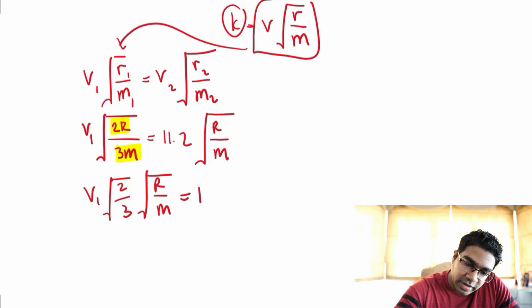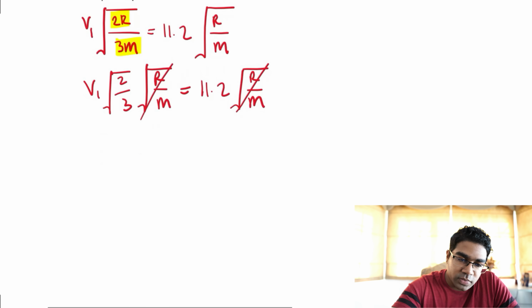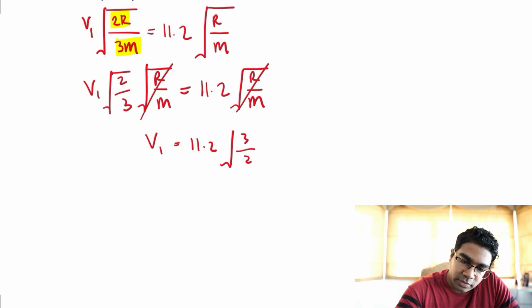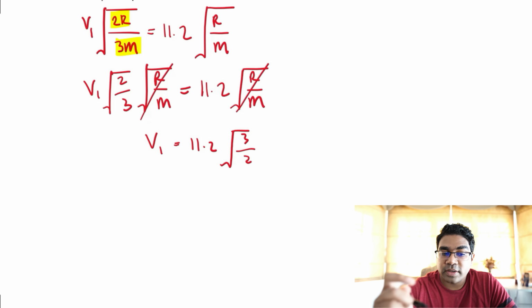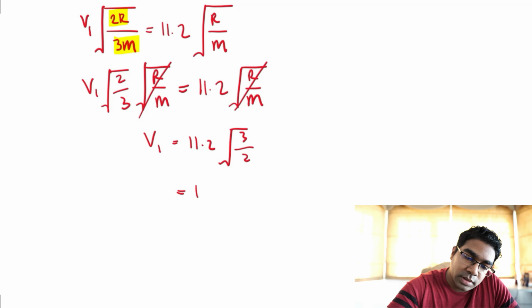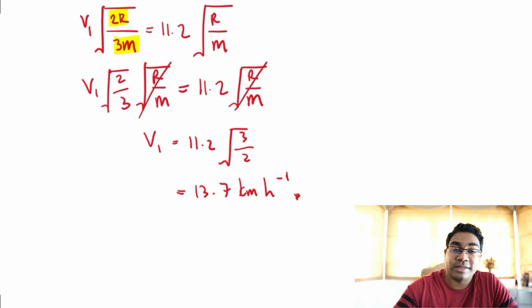Is equals to 11.2 square root of R over M. Now the reason we do this is so that we can divide by square root R over M on both sides and eliminate it from the equation. And so V1 will be equals to 11.2 times square root 3 over 2, reciprocal. From the left side to the right side we multiply the reciprocal. And so the answer here is 13.7 kilometers per hour. The unit must be the same as what we substituted on the other side.